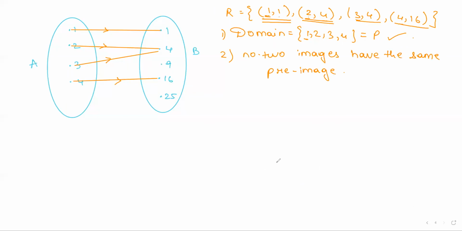Now, instead of these, if I had another relation, 1 to 1, 2 to 4, 3 to 16, that's it, with 3 elements. This relation R has 3 elements. By observation, we can easily say that this does not satisfy the first condition, that your domain should be equal to set P or A in this matter.